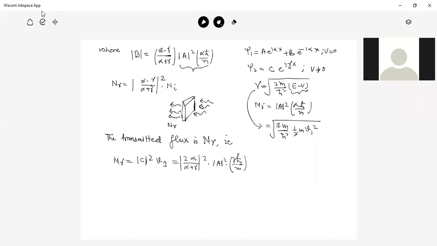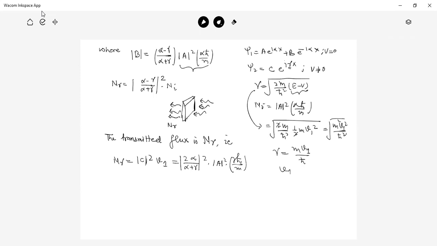So again, we solve it. This is the square root of m v1 square upon h cross square. So this gamma is equal to m v1 upon h cross. So this v1 is equal to gamma h cross upon m. So this one is your A.